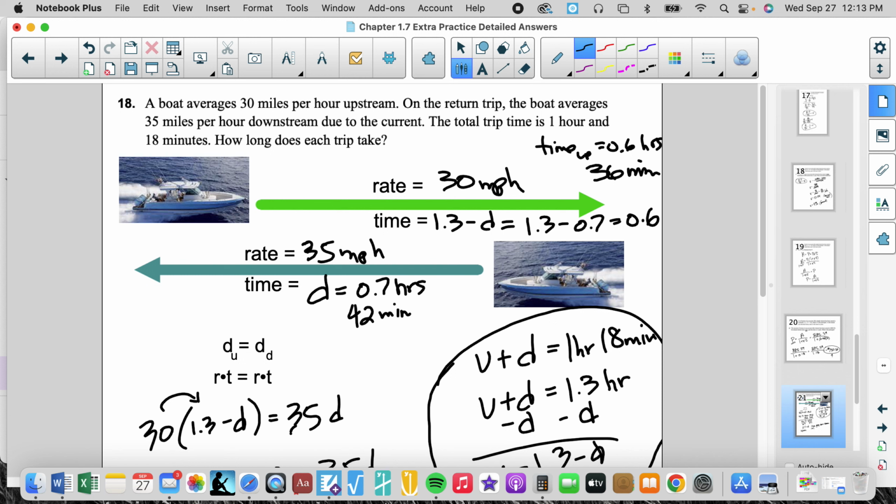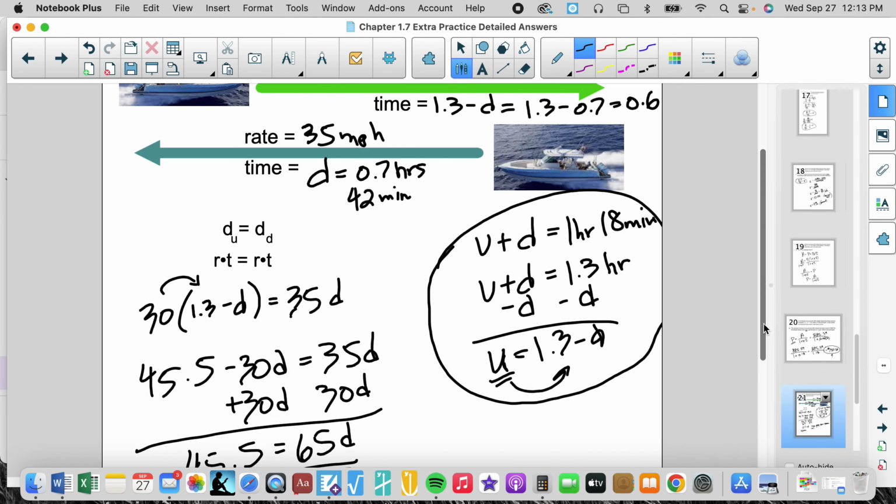Tell me why it doesn't make sense. I made a mistake. Mr. Mac made a mistake. Let's see where he made a mistake. I know I made a mistake because I'm going slower upstream and faster downstream, so it shouldn't take me more time to go downstream with the current. So let's go back to our equations.